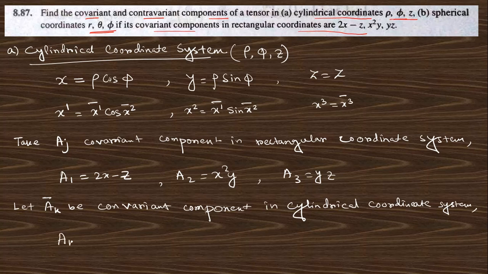So the relation between Ak bar and Aj will be like that: del xj by del xk bar, with k written in the lower side, that is covariant. You know this relation from the previous lecture. So if you want to find A1 bar, that will be equal to del x1 by del x1 bar into A1 plus del x2 by del x1 bar A2 and del x3 by del x1 bar A3, clear?